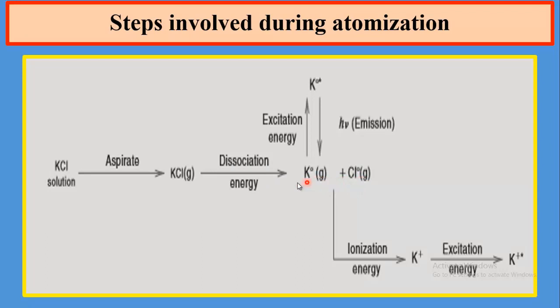Then excitation energy changes the gaseous potassium into a potassium ion, K+, and when it returns from K+ back to potassium, it emits a certain amount of radiation, and this emission is noted in flame emission spectroscopy. And this is ionization. Potassium is changing to K+. Ionization energy converts the atom into an ion, and then this excitation energy changes it into a higher energy state. This is the phenomenon of conversion of the solution into atomized form.